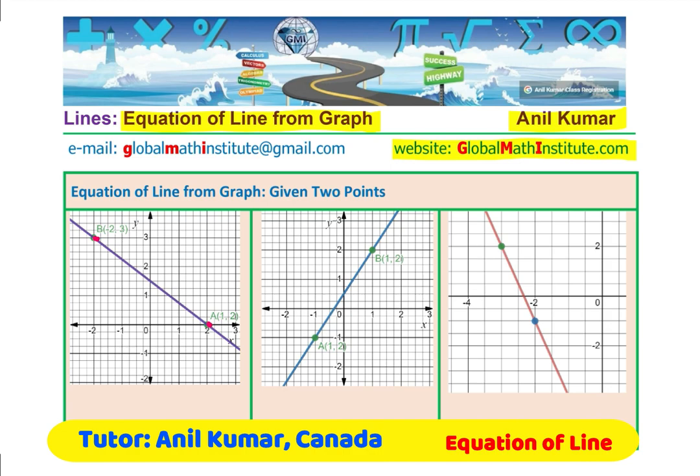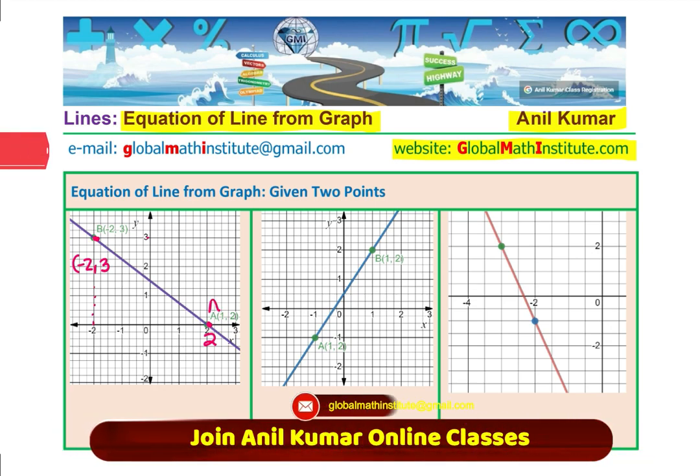For example, the very first line which you see, we are given the x-intercept which is at 2, and then we are given a point here which is at -2. You can see it is 3, right? So the coordinate point here is -2, 3, right? You may call one point as A, the other one as B.